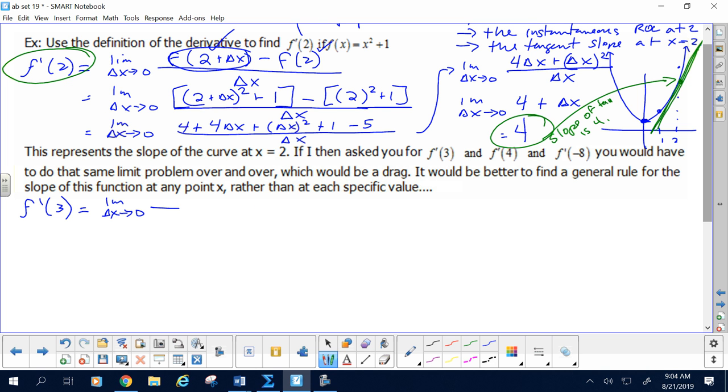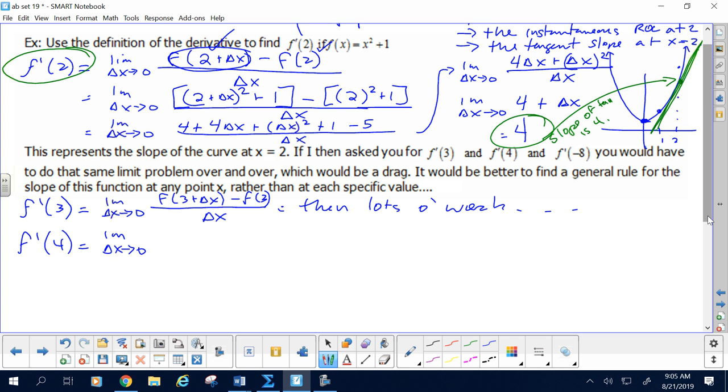The limit as delta x goes to 0 of f of 3 plus delta x, as a starting point, minus f at 3 over delta x. And I would have to then do all that stuff, simplifying the algebra, cleaning it up, and finally getting a number. And if they then said, all right, problem 2, find f prime at 4, then I would have to, then lots of work.